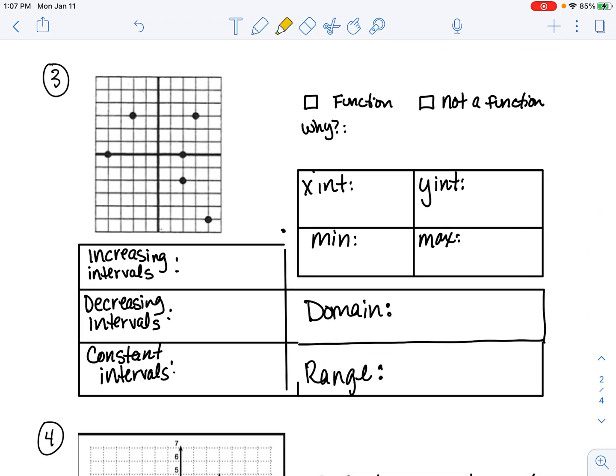Is it a function? If I draw a vertical line, is there any point where a vertical line touches twice? Yes, right here. So once, twice. So is this a function? Not a function. And it's because it does not pass the VLT.